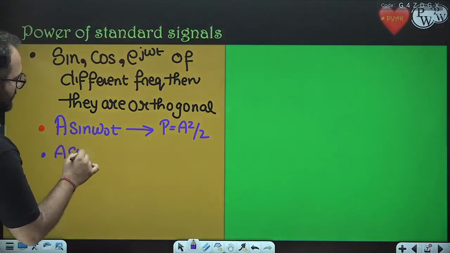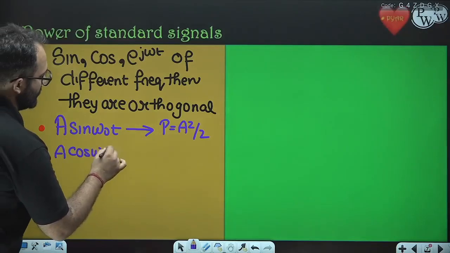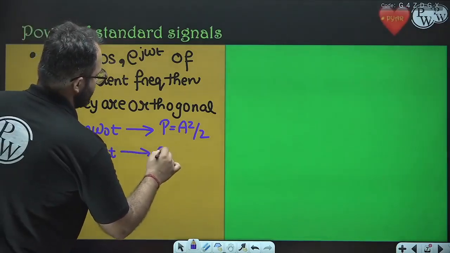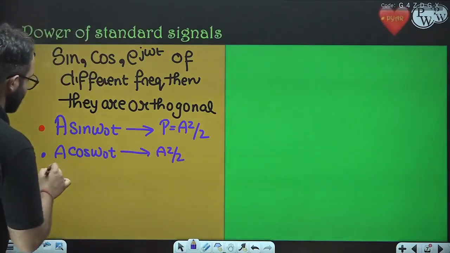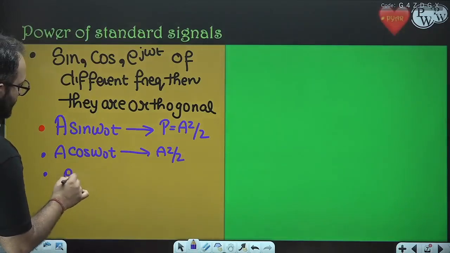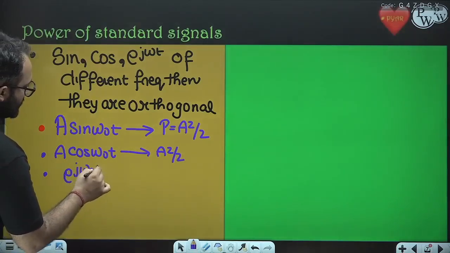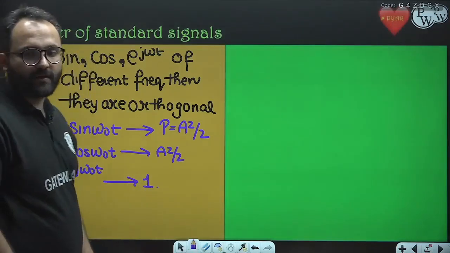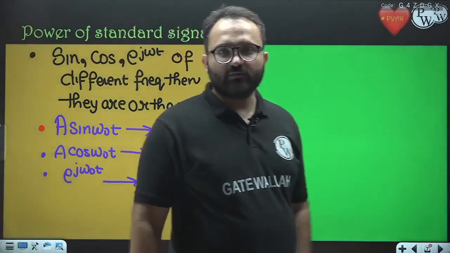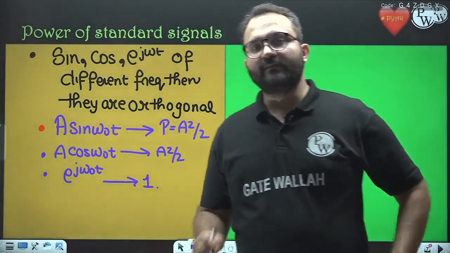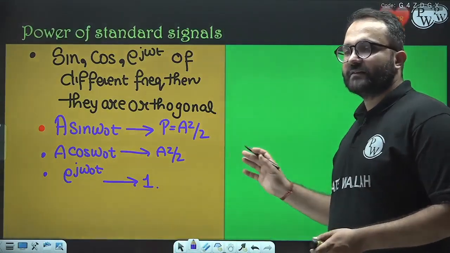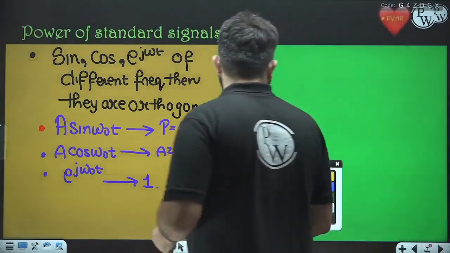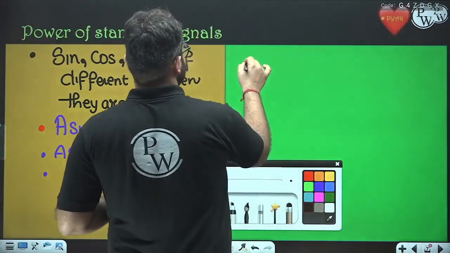Similarly, A cos omega naught t, the power is A square by 2, and e to power j omega naught t, the power is equal to 1. Okay, so remember these results because they are very important, and many a times the question is asked directly, and we can easily solve them.